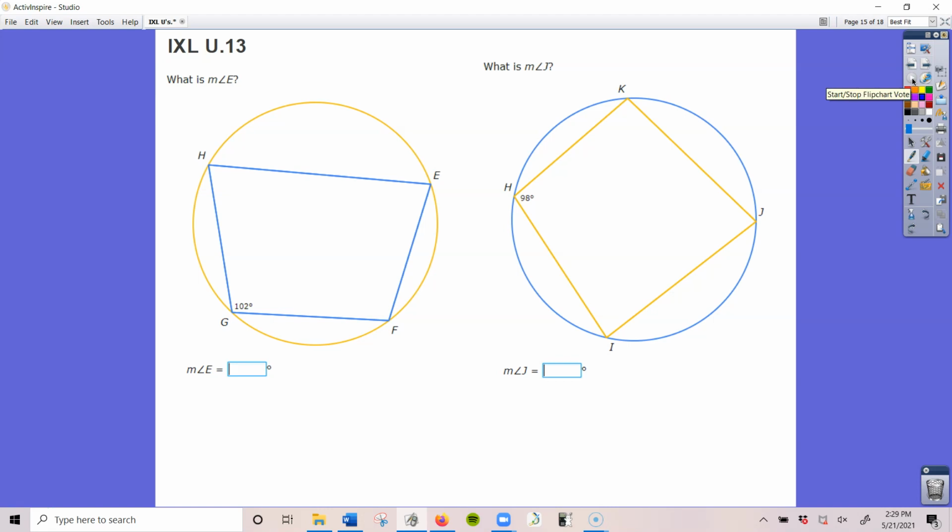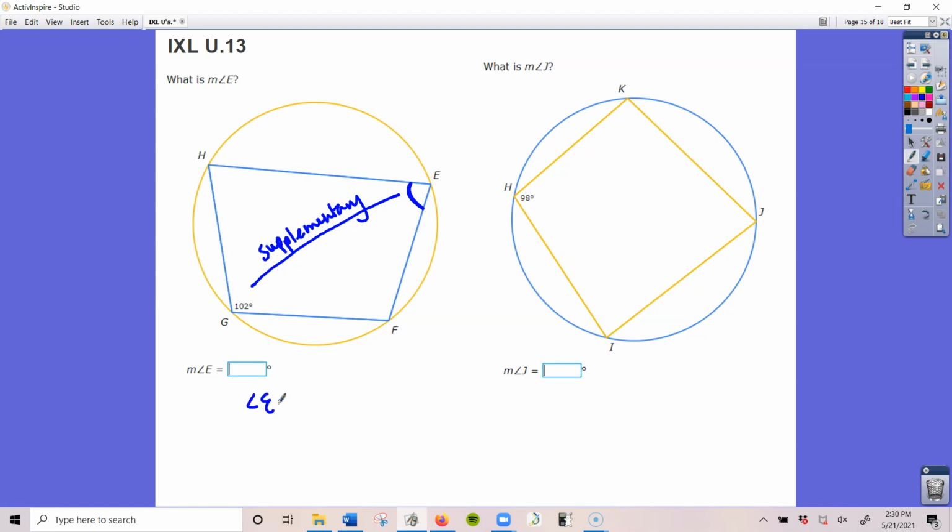Now we're going to move along to U13. In U13, we're trying to find the missing angle of an inscribed quadrilateral. Now, the one thing to remember about this is that opposite angles are supplementary. So if I want to find angle E, it's going to add up to 180 when you add 102.